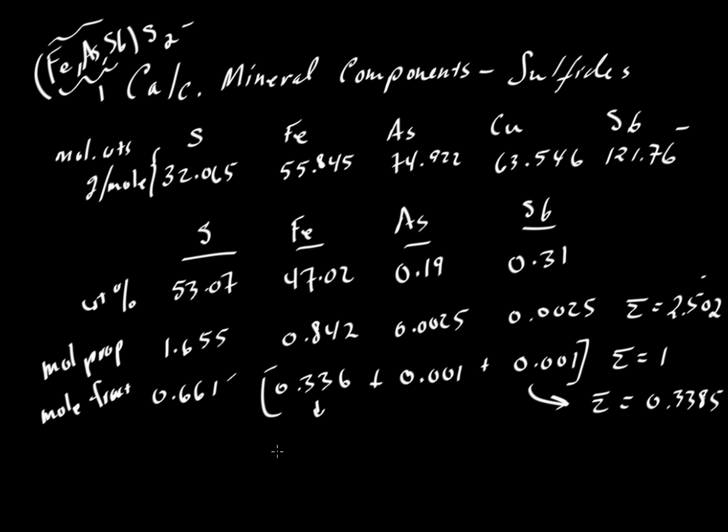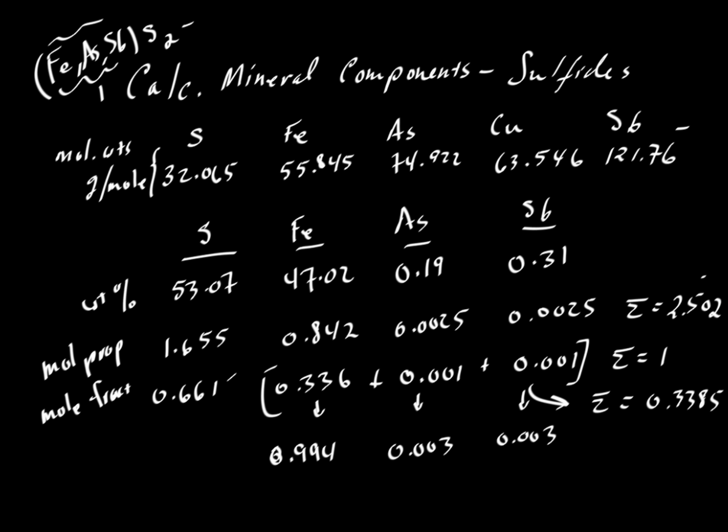If we do that for iron, we get 0.994, not a 6, that is a 0. For arsenic, if we divide out 0.001 by 0.3385, we get 0.003. And then, of course, we're going to get the same thing for antimony, since it rounded off to about the same value as arsenic.